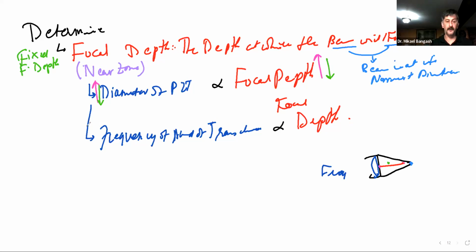If the transducer had a greater frequency, it will focus at a greater depth, which means the beam would have diverged to its narrowest point at a greater depth, and vice versa. So you would have a shallower focal depth if the transducer had a lower frequency.